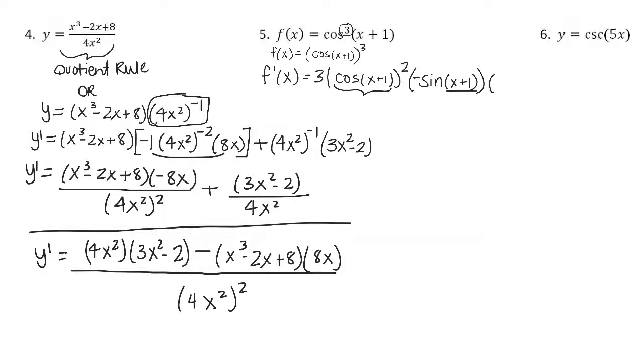What's the derivative of x plus 1? 1. Bam. Do I simplify? Well, do I have any negative exponents? No. And then from there, they'll ask you to plug in pi, or maybe pi over 2, maybe a 0, and you would just leave it after you plug in. Wouldn't do anything else to it.